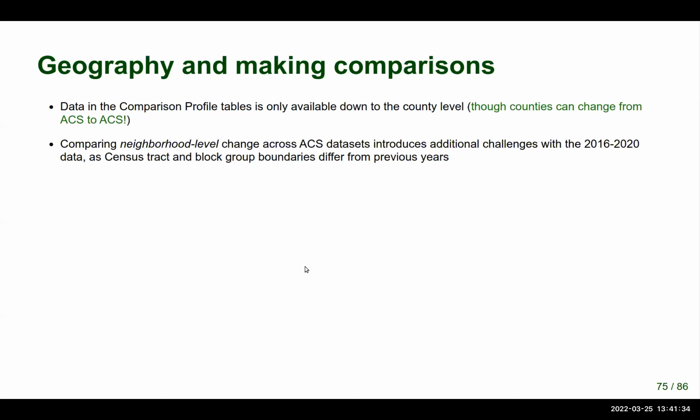They haven't all changed, but the overall kind of tessellation of them has changed. And so you won't necessarily have the same geographies or the same geography identifiers from ACS to ACS. So how do you handle this?